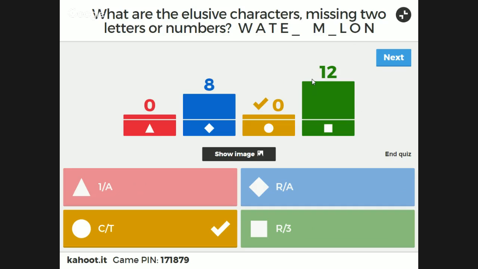But you're wrong, of course. Because if you look at the first letter of the question words, W A T E C M T L O N. So C M T. So the answer was, of course, in the question, and that's the only way it makes sense. You all understand?